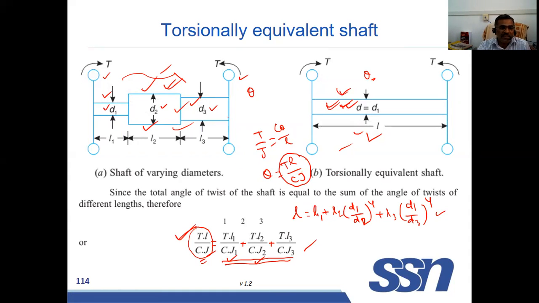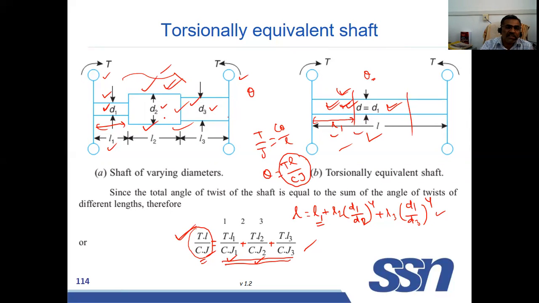See here, what we did is, we are assuming this shaft diameter is D1. Any diameter you can assume, but in this case the first shaft diameter D1 is assumed here. So this shaft diameter and this are the same, so this length will be the same as this length, and that is why we are taking L1.